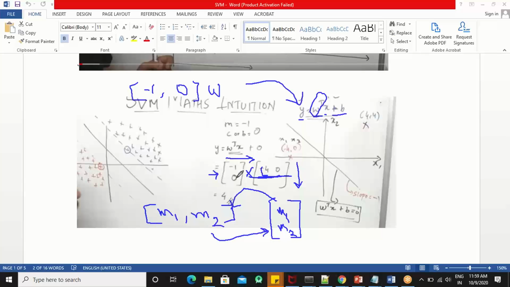The point is, matrix multiplication works like this: first you go horizontal and then you go vertical downstream.